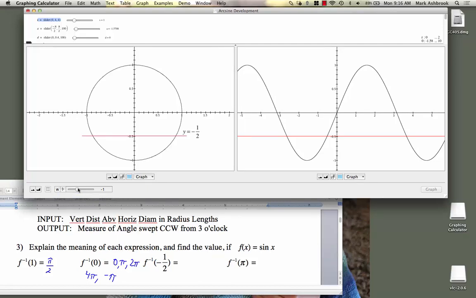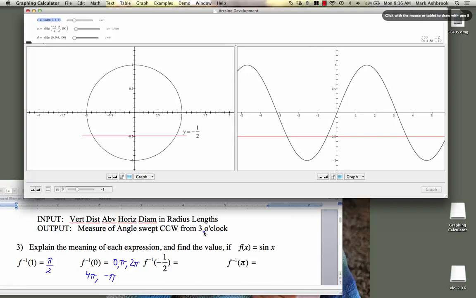It's the measure of the angle where we are negative 1/2 radius lengths below the horizontal diameter. Okay, fraction of a radius, right. And so what angle, do you remember what angle from your unit circle? Without your calculator. This is why we did the 16 key angles.